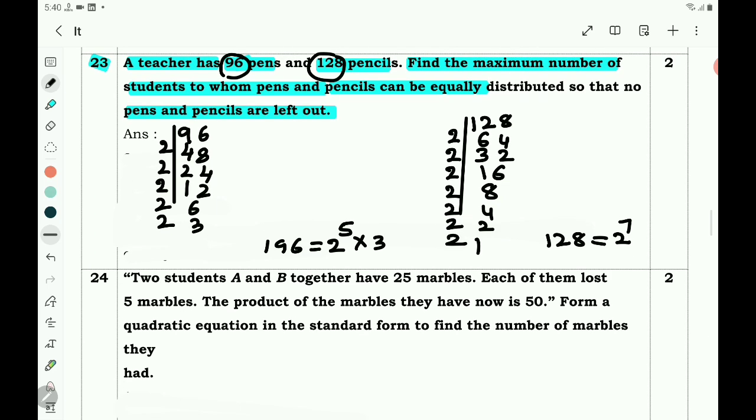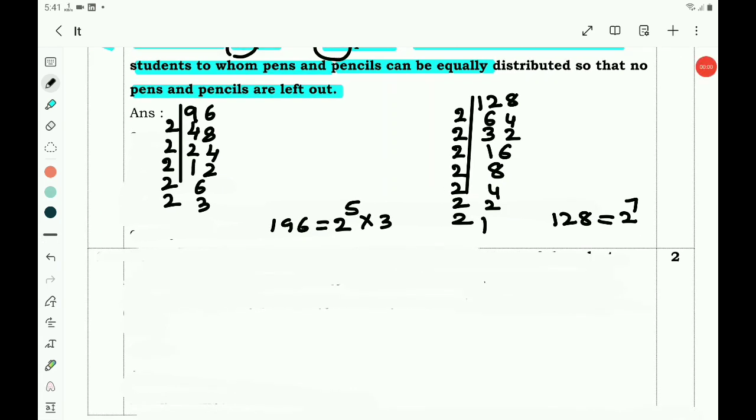Then here we have to find out the HCF. For HCF we have to consider the common factors. Here 2 is common, 2 power 5 is there and 2 power 7 is there. For HCF we have to take the least power.